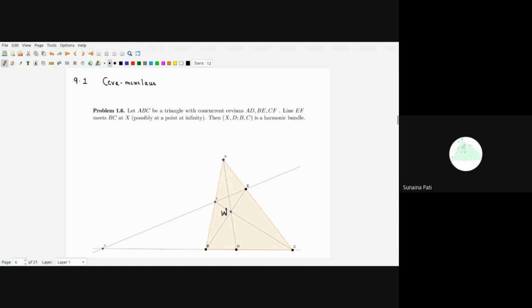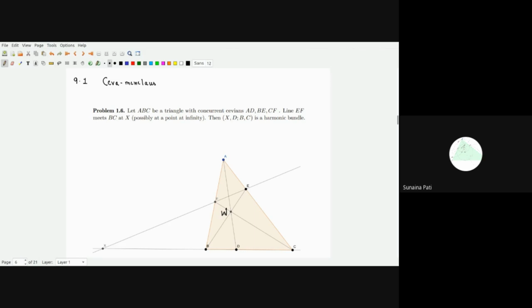Okay, 1 minute left to try. Think about which 3 points you will choose for Menelaus. Ceva is obvious: you basically have three cevians concurring, so you apply Ceva at triangle ABC with D, E, F, with cevians AD, BE, and CF.